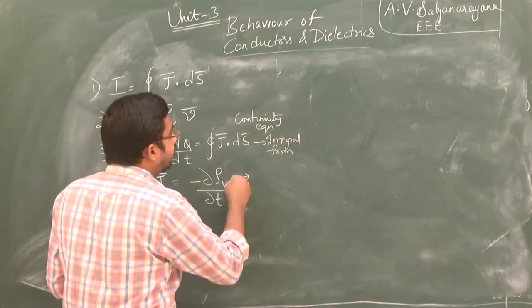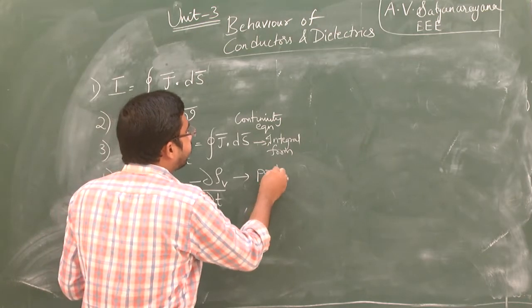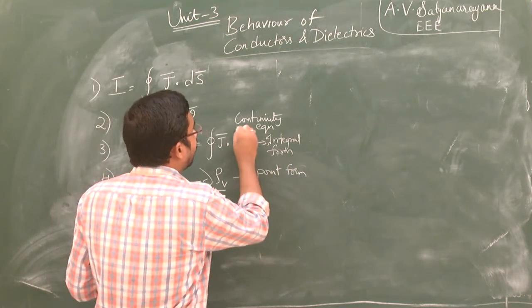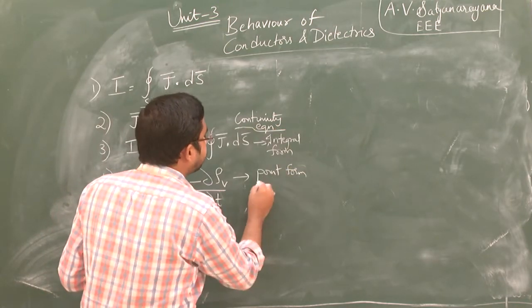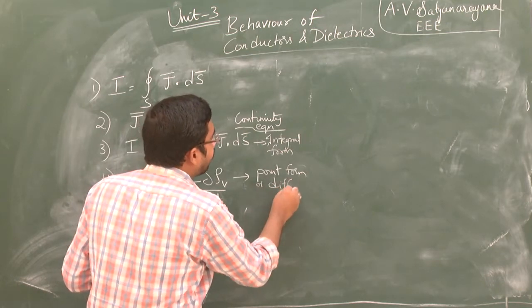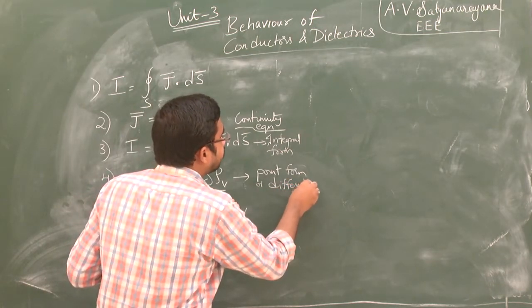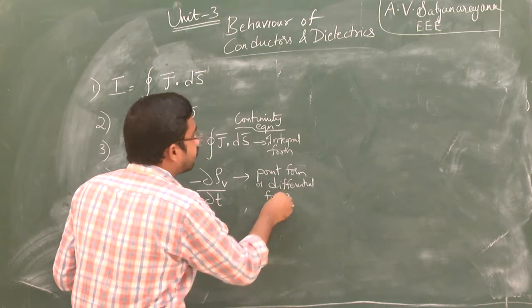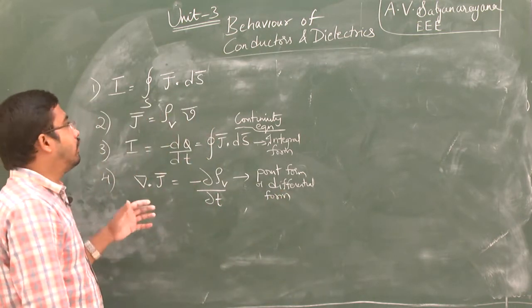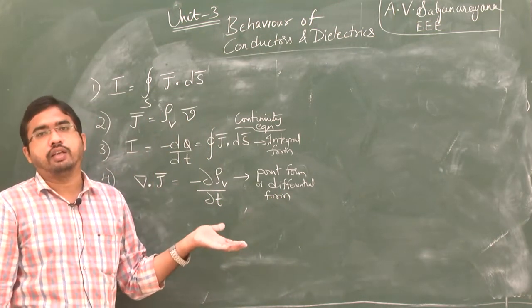This is the continuity equation in point form or differential form. So these are the relations that you should remember throughout this electromagnetic field theory subject.